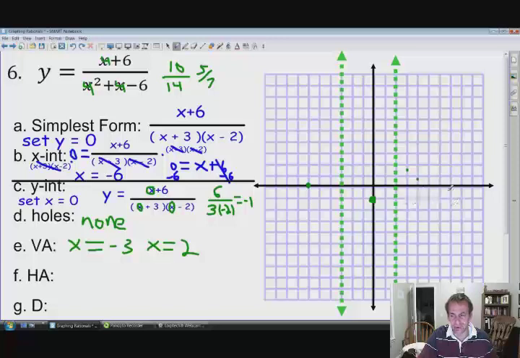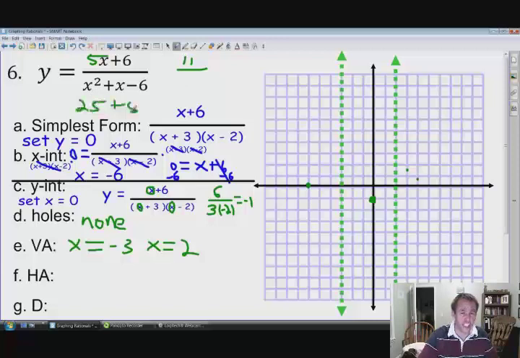So we put a 5 in there, and we get 11 over 5 squared is 25, plus 5 minus 6, so that's 30, minus 6 is 24. Wow, that's almost, let's see, 12 would be a half, so it's almost a half.